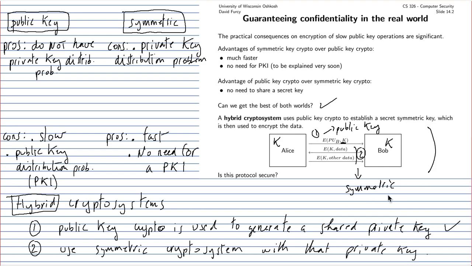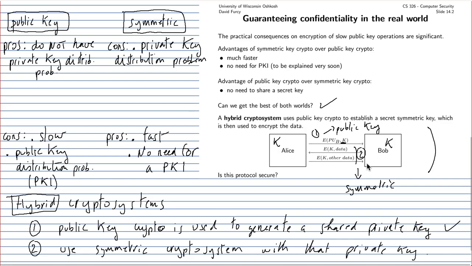So you see, this is a very simplified way of applying a hybrid crypto system to do a one-time slow operation to share a private key, and then use a fast encryption decryption algorithm for the remainder of the session to encrypt all of the messages between the two parties.